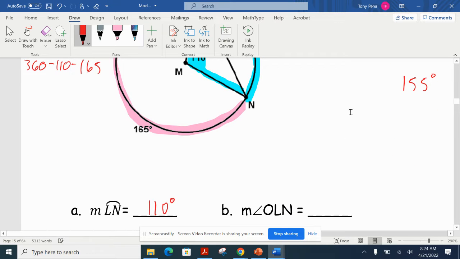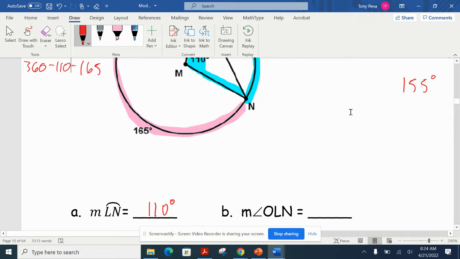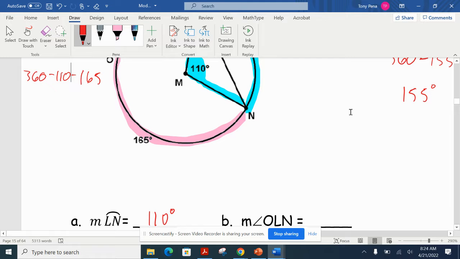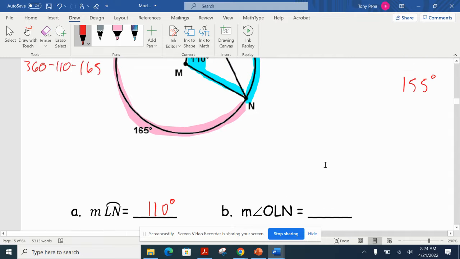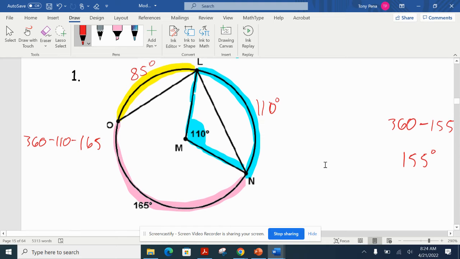Now, the first one that I think is a little sneaky. See if we can think a little bit. It's not as direct as the ones that we've done so far in the first 20 minutes. Try to answer letter B. So find the angle drawn from O to L to N and tell me what that angle needs to be.